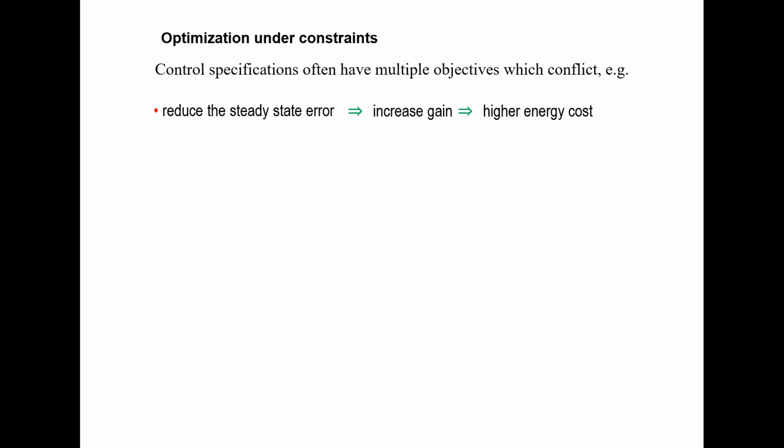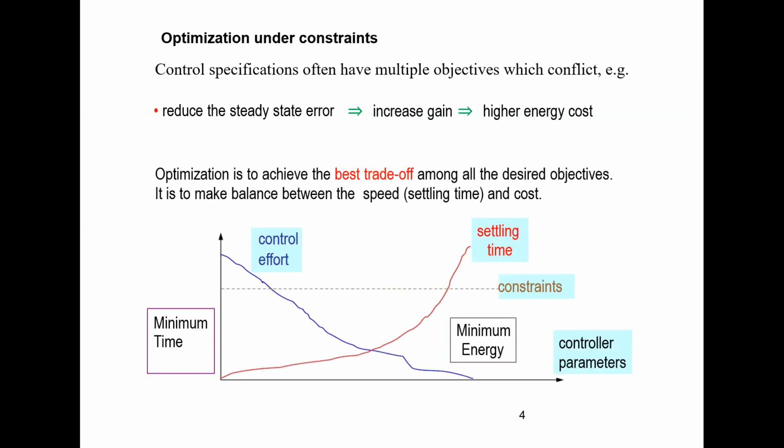That means you consume more energy, and it is more expensive. This is a simple illustration of how to achieve the best trade-off or compromise between the speed and the cost.